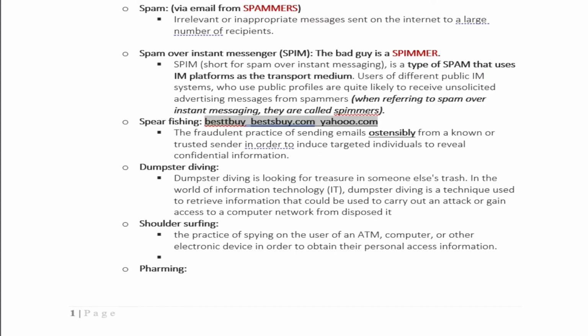So it's a practice where they're sending you information and they make it look legit. So ostensibly, it looks like it's real. How do they trick you into thinking it's legit? They mimic the name of these companies, and there's a slight change somewhere. It's never identical to the actual company's name.